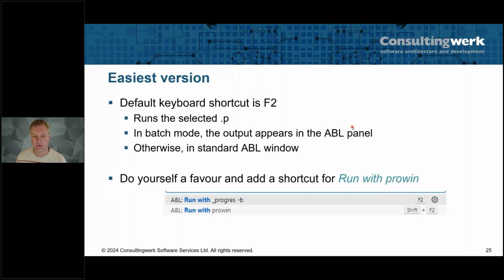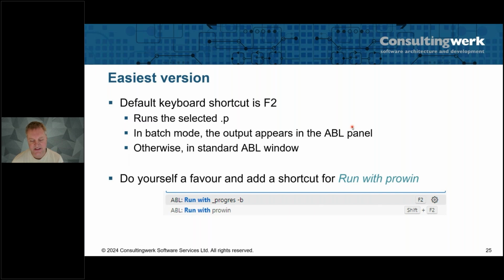I'll show you that. So I mentioned the ABL and the ABL language server panels. When you run batch code in the ABL panel, that's kind of standard out, if you will, for those batch modes. I'm going to run the .p. It's not going to run a class because it doesn't go and add a .p behind the scenes. There's a run with prowin option as well.